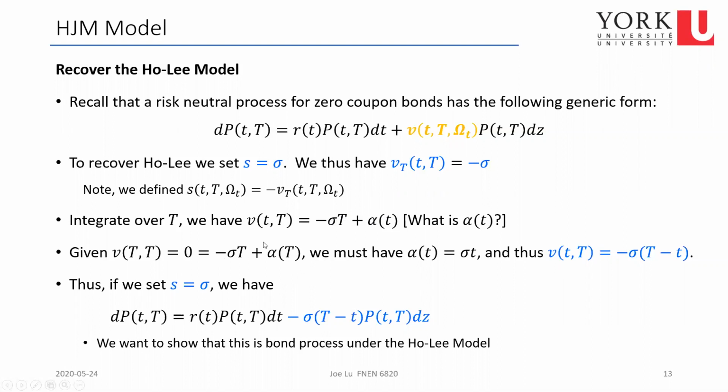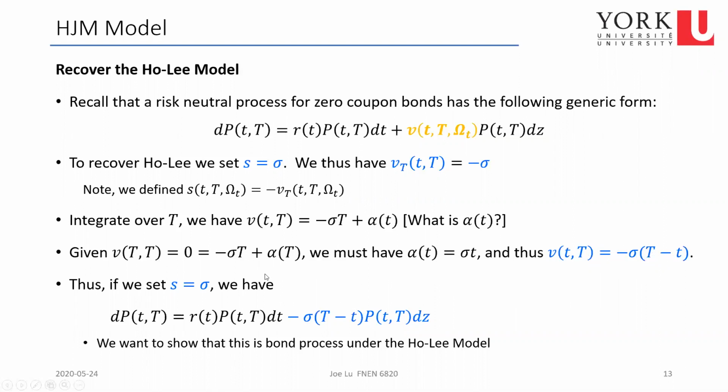And therefore, the only way for that to be 0 is that alpha must be sigma little t. So it must take this functional form, and then when little t becomes big T, they'll cancel out. Okay, so putting it together, we know that V as a function of little t and big T must take the form of minus sigma times the difference between big T and small t.